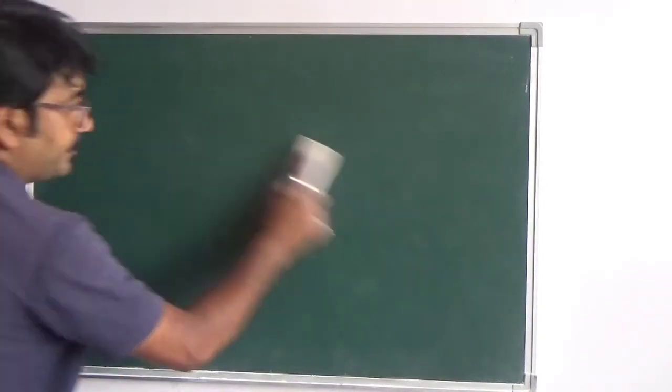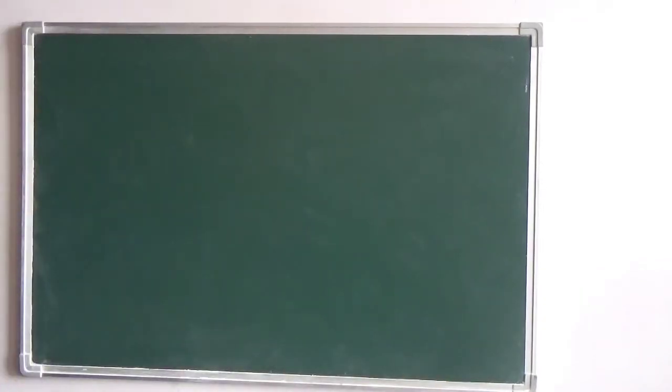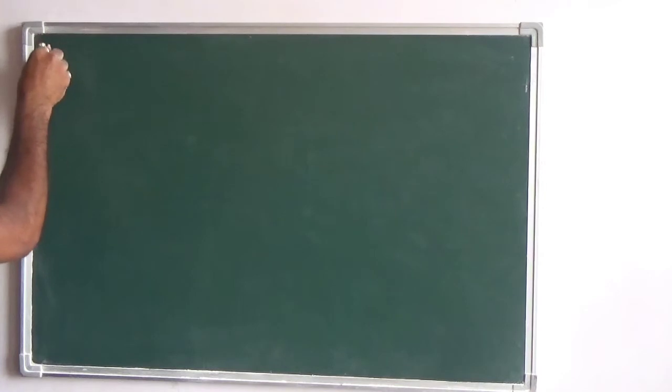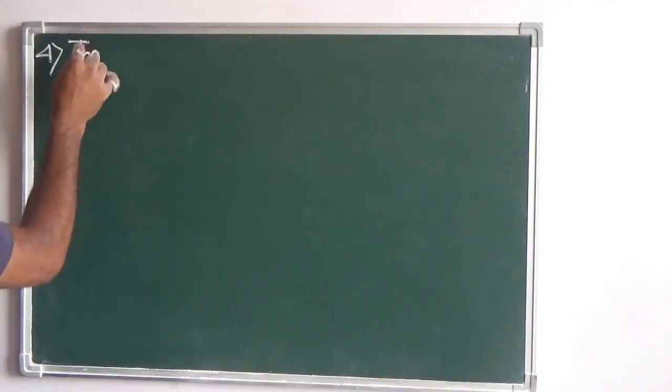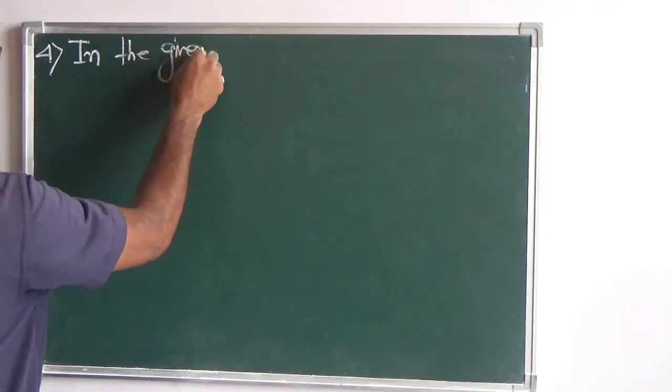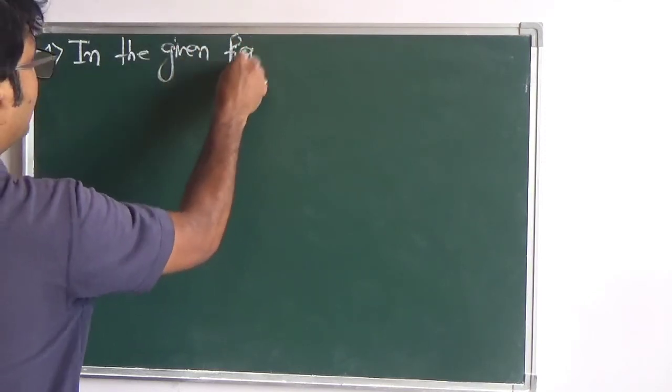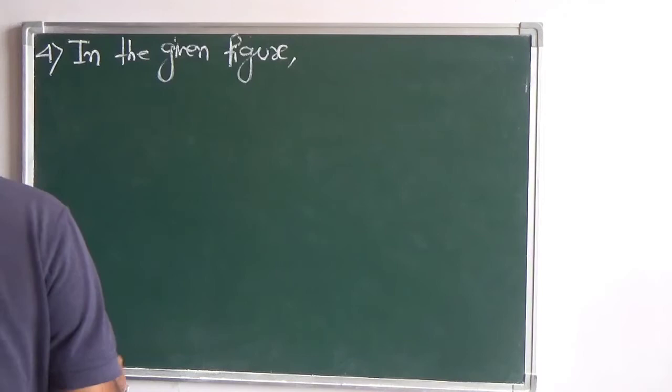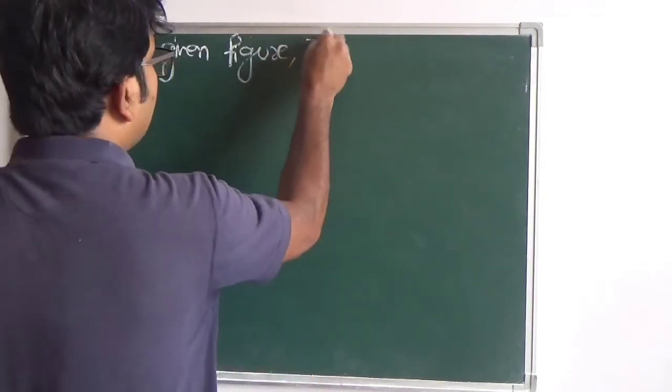A similar type question I am writing again on the board, so that you don't have any problem in understanding the question. In the given figure, T is the midpoint of QR.